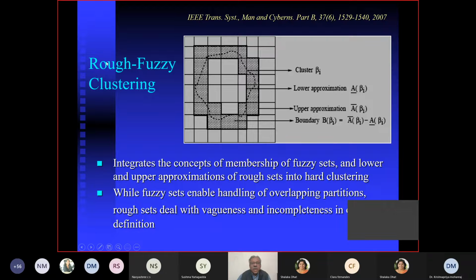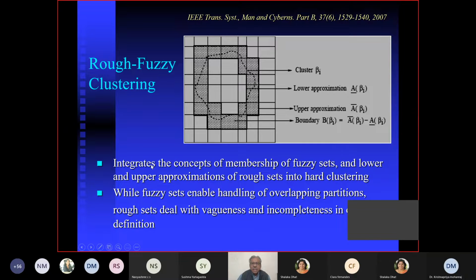So what is rough fuzzy clustering? I integrate the concept of membership functions of fuzzy sets and the concept of lower and upper approximation of rough sets into the concept of hard clustering. On top of hard clustering, I incorporate fuzziness in membership and roughness in lower and upper approximation.